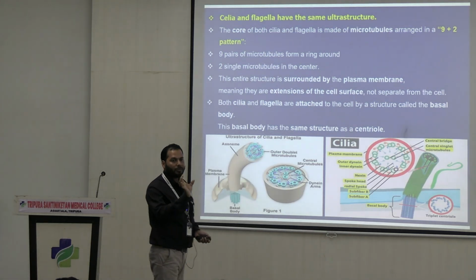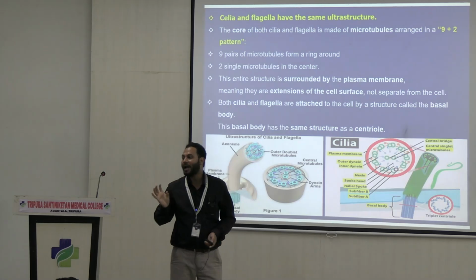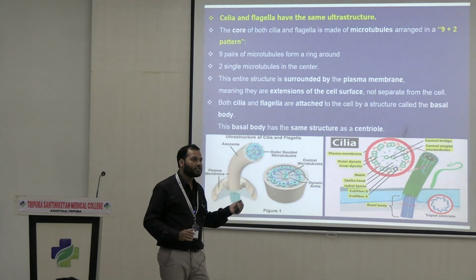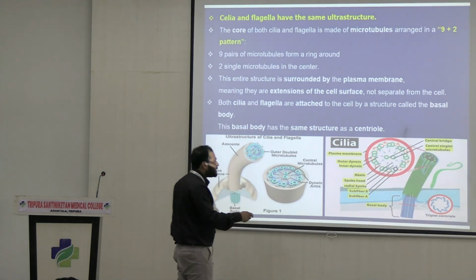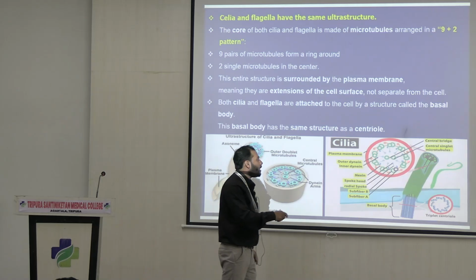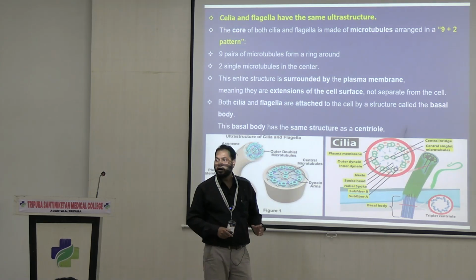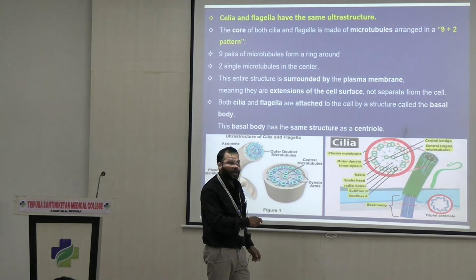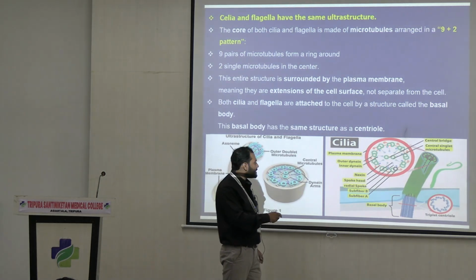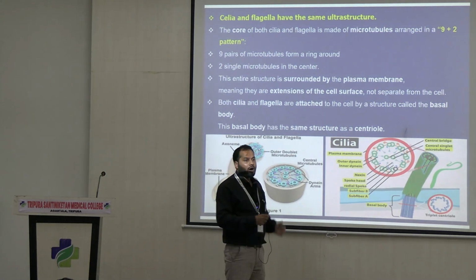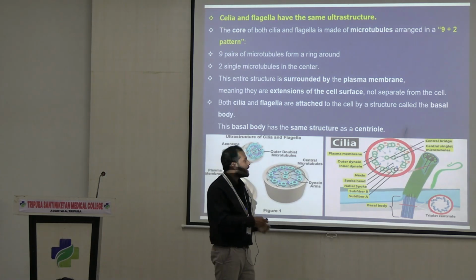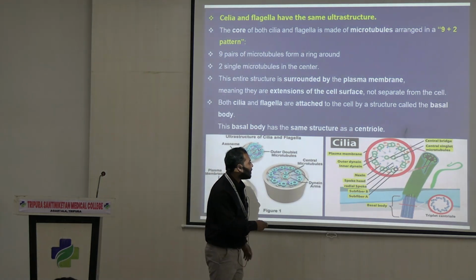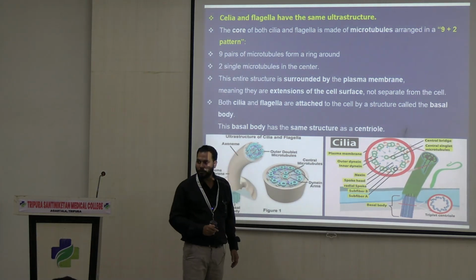So what is the meaning of this 9+2 arrangement of the microtubules found in the ciliary structures? At the periphery, there are 9 doublet microtubules arranged. At the center, there is a pair of microtubules. And adjacent doublet microtubules are attached to one another by a specific type of motor protein.